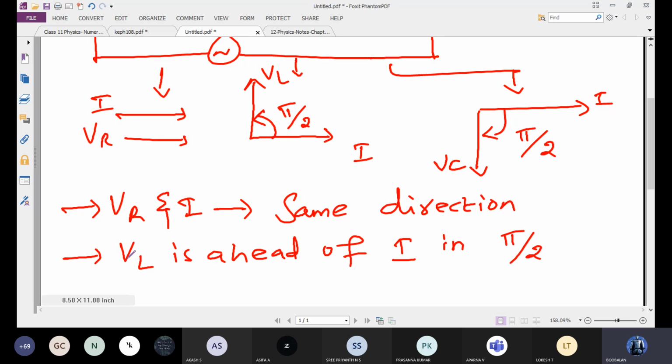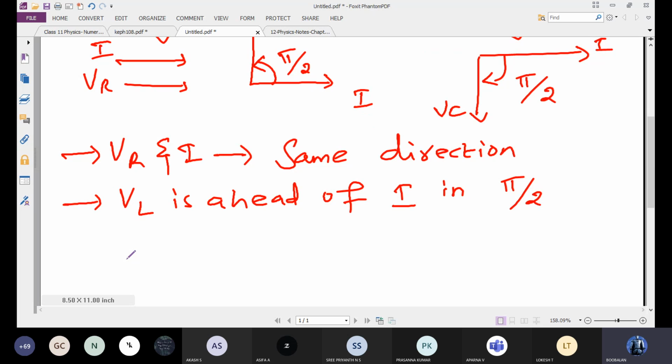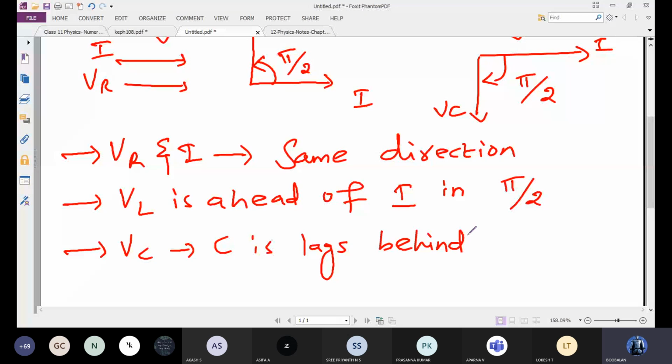Next one, VC, the capacitor: it lags behind the current, the phase value being pi by 2.